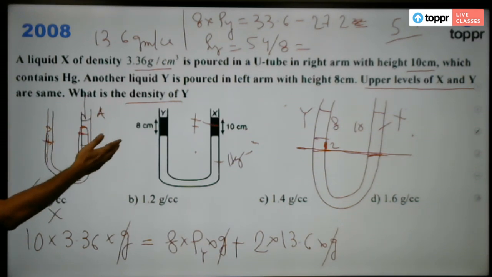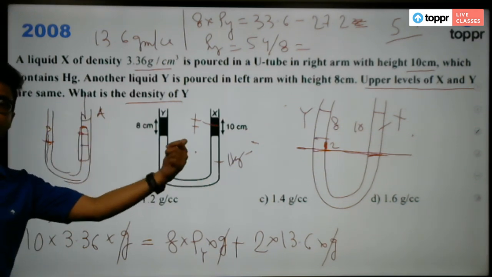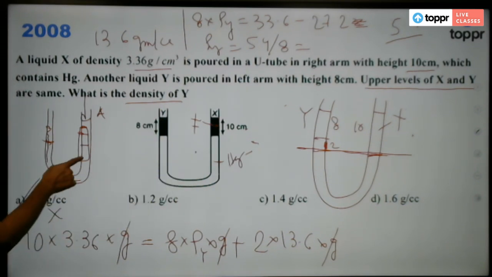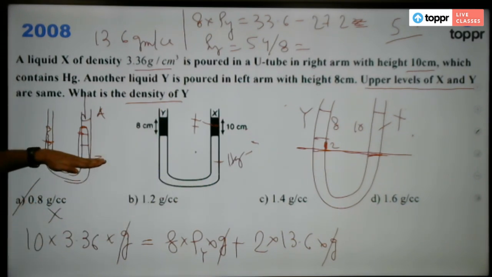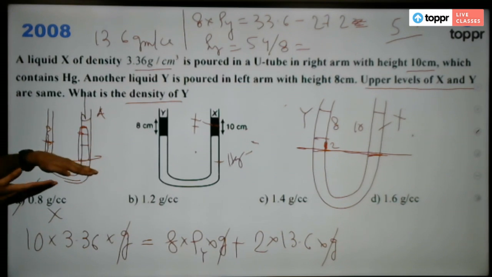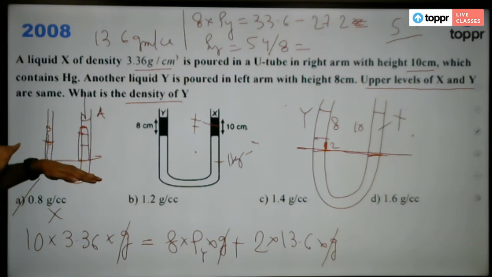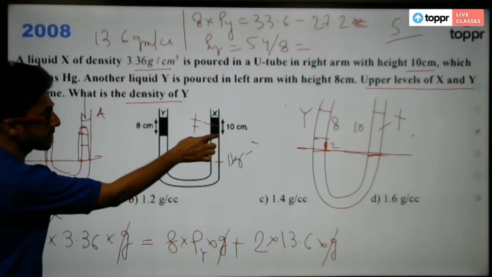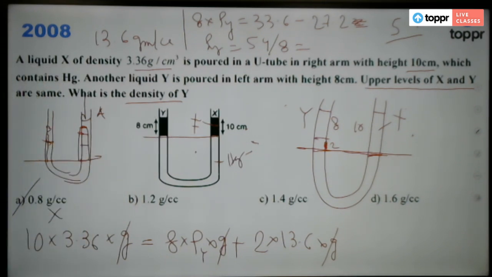So this kind of problem, you have to basically use the H rho G formula, and you have to have one place where the pressure is same. There should be one reference line by which you can equate the two arms in terms of pressure, like we have done here. Clear? Okay. We are moving on to the next question.